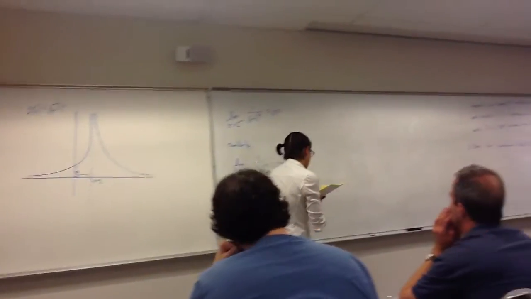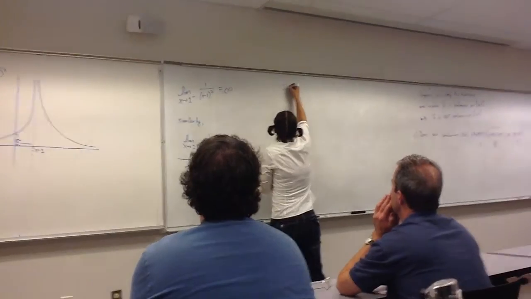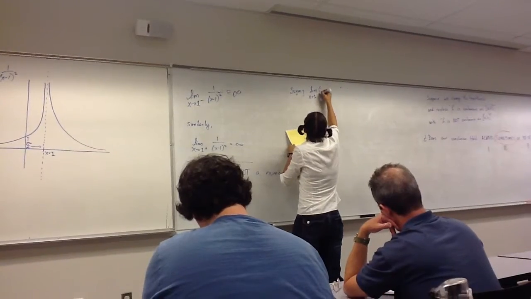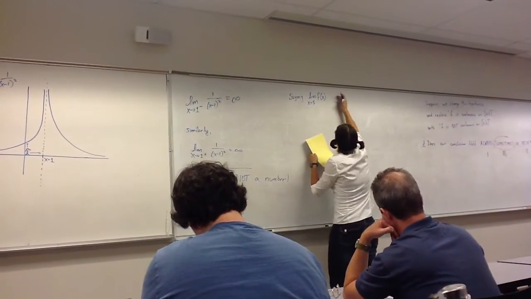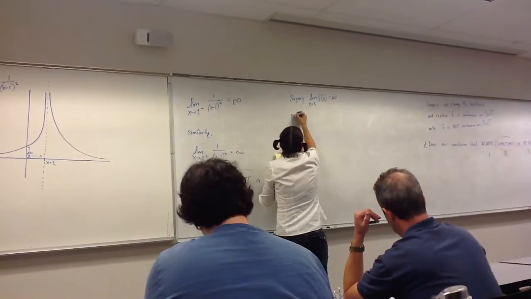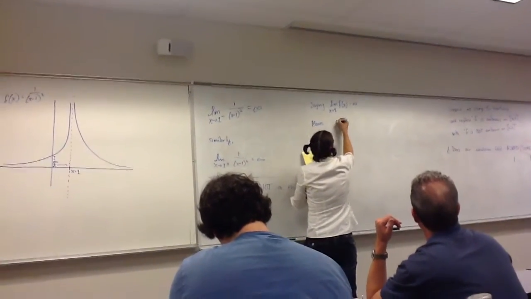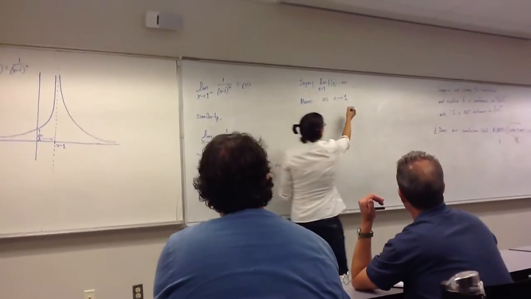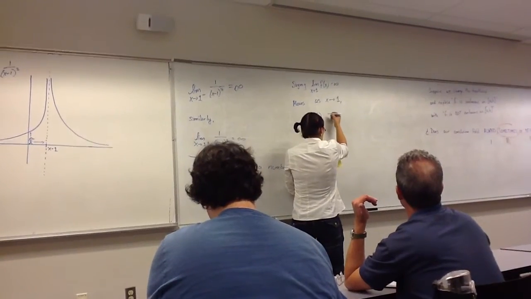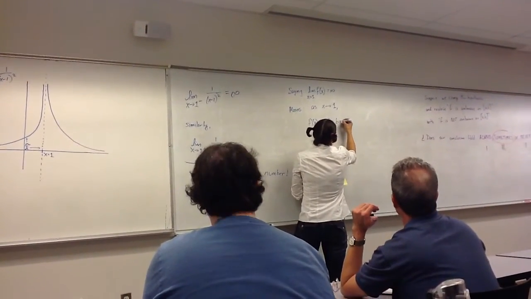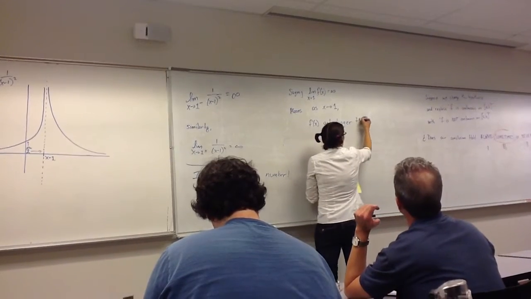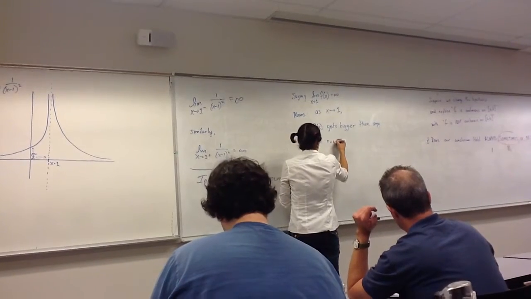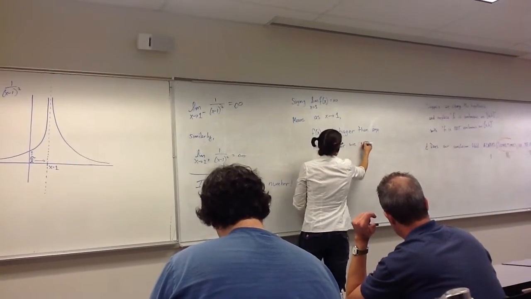And so what we're saying here is that saying that the limit as x approaches 1 of f of x equals infinity means as x gets close to 1, f of x gets bigger than any real number we can specify.